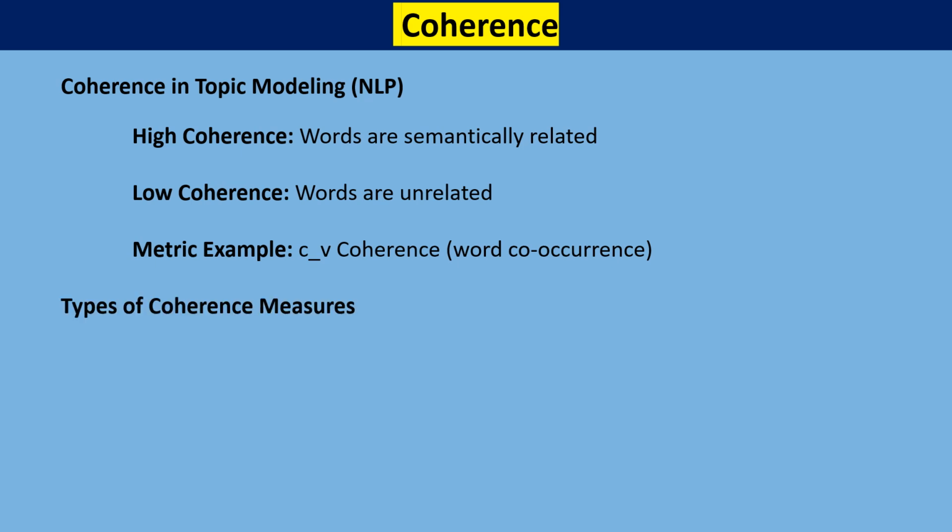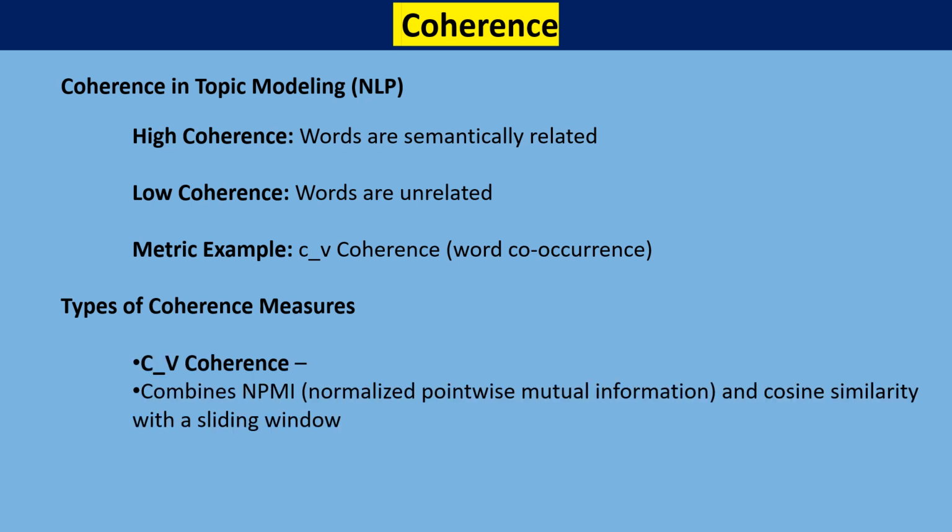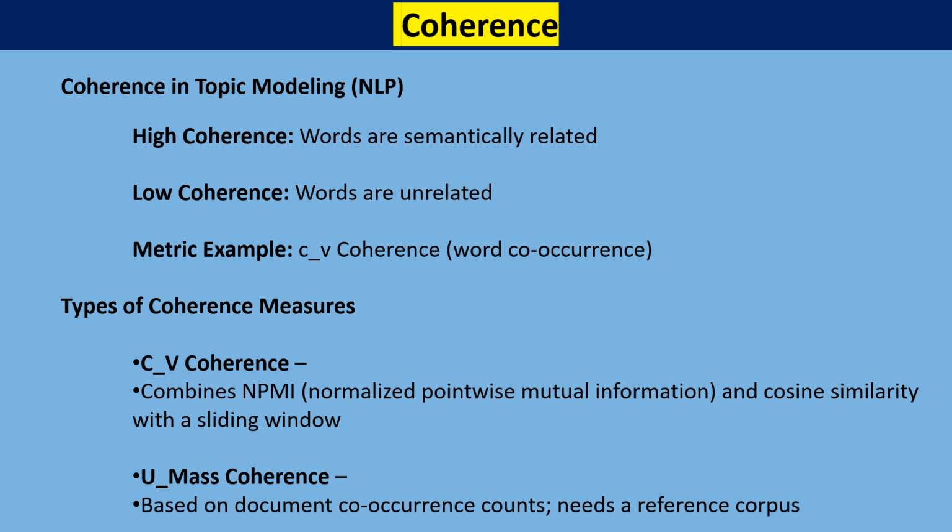Types of coherence measures. C_V coherence is computed using word occurrence statistics and combines NPMI, normalized pointwise mutual information, and cosine similarity with a sliding window. It is very popular because it combines multiple insights: how often words appear together and how similar they are vector-wise. U_Mass coherence is based on document co-occurrence counts and needs a reference corpus.